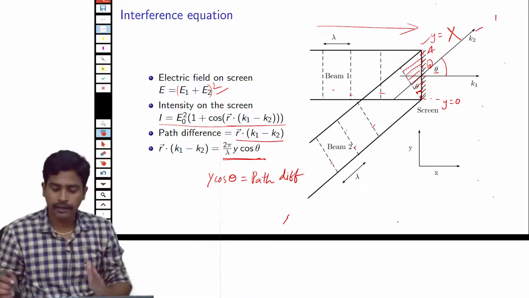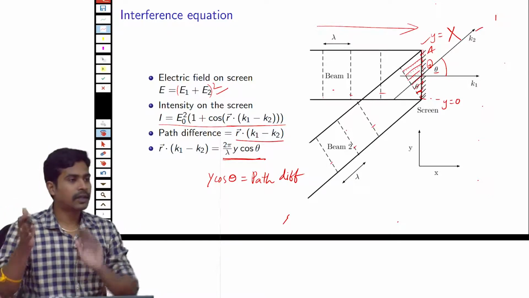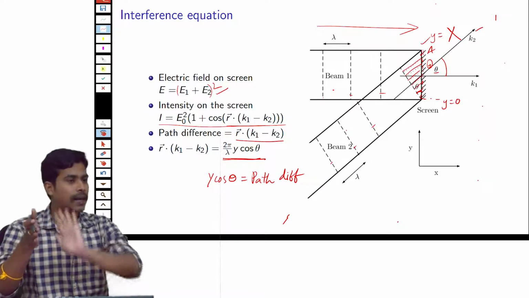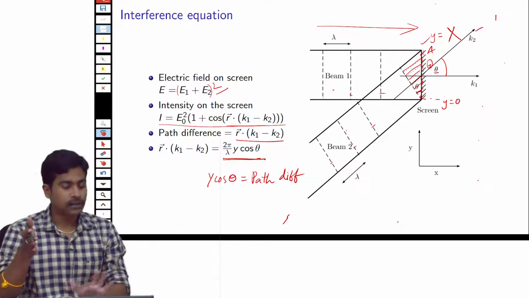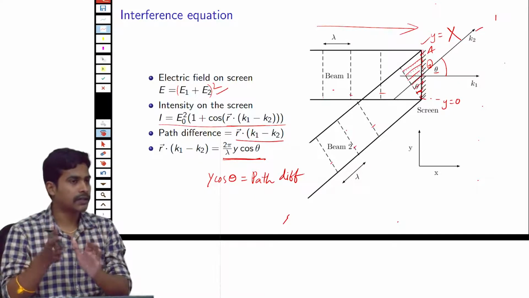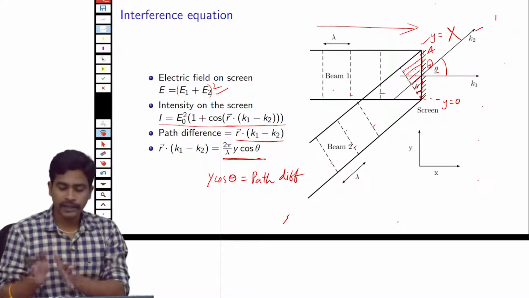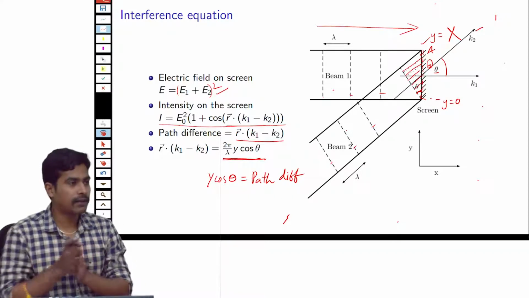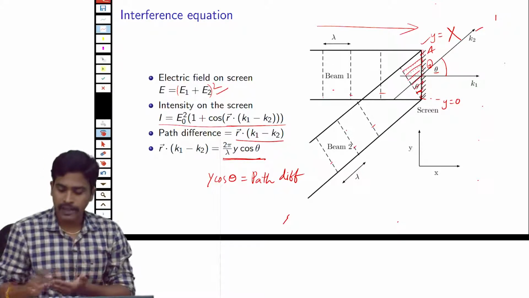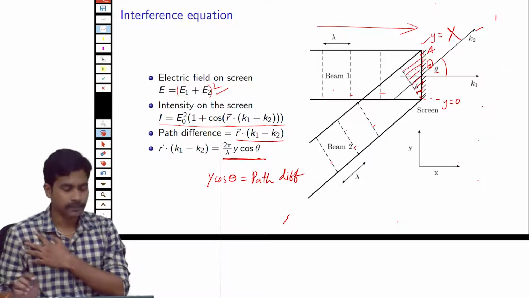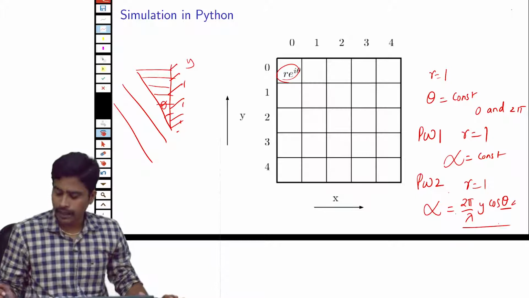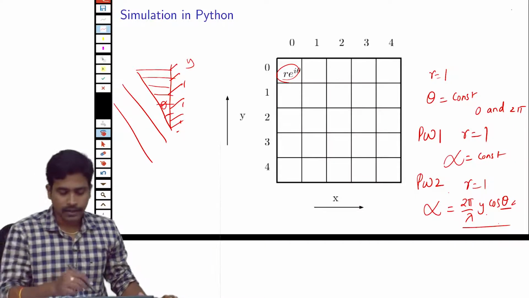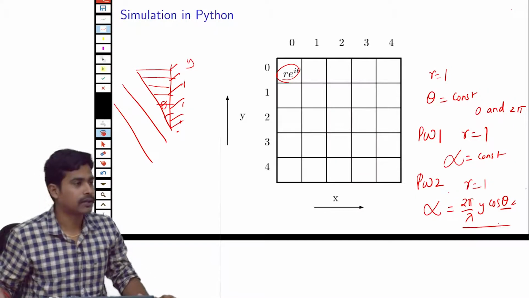In that case the variation is going to be in x, or if the plane wave is coming in some other plane instead of the xy plane, then the phase variation is going to be a function of both x and y. For simplicity we are just dealing with plane waves in the same xy plane. So, for the second plane wave, the phase on the screen is going to be 2 pi by lambda into y cos theta.